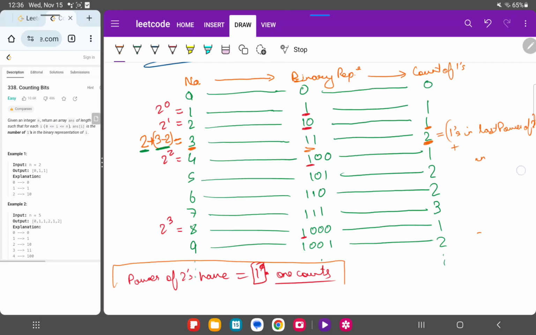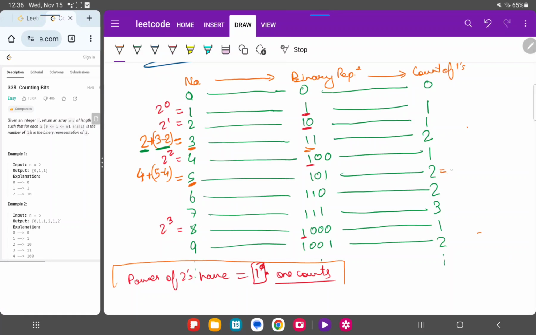So now let's verify this for the next iteration. So let's say now we are working with n equals 5. So 5 can be written as, what was the last power of 2, the earliest power of 2 just before this number? 4, plus 5 minus 4, right? So this is essentially 4 plus 1, which equals 5.